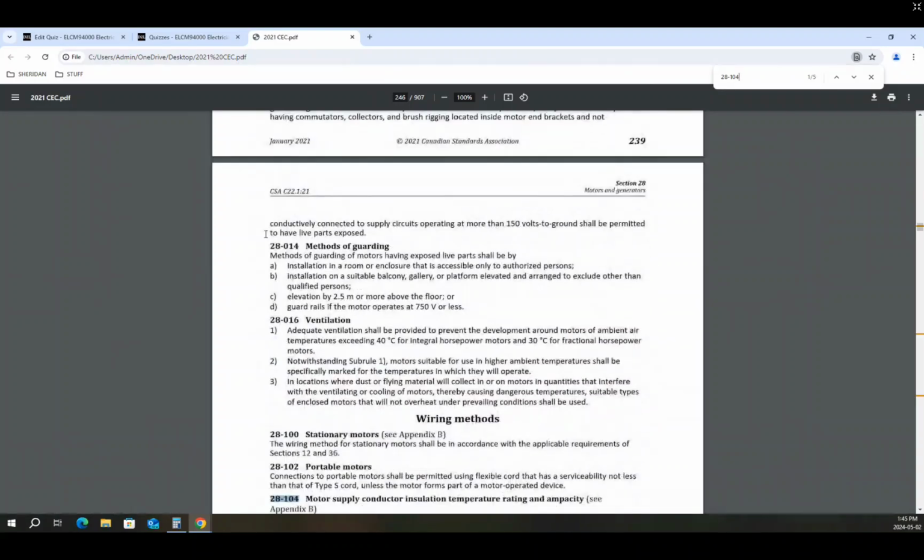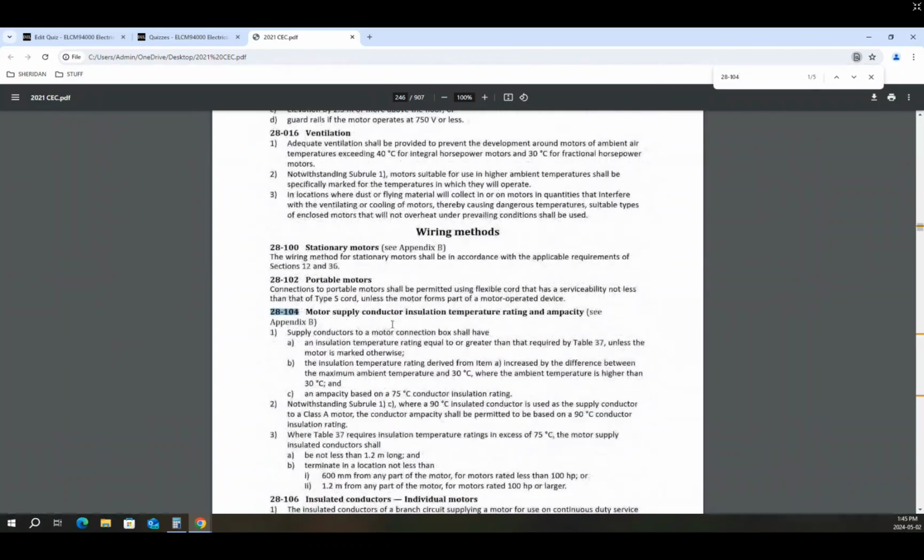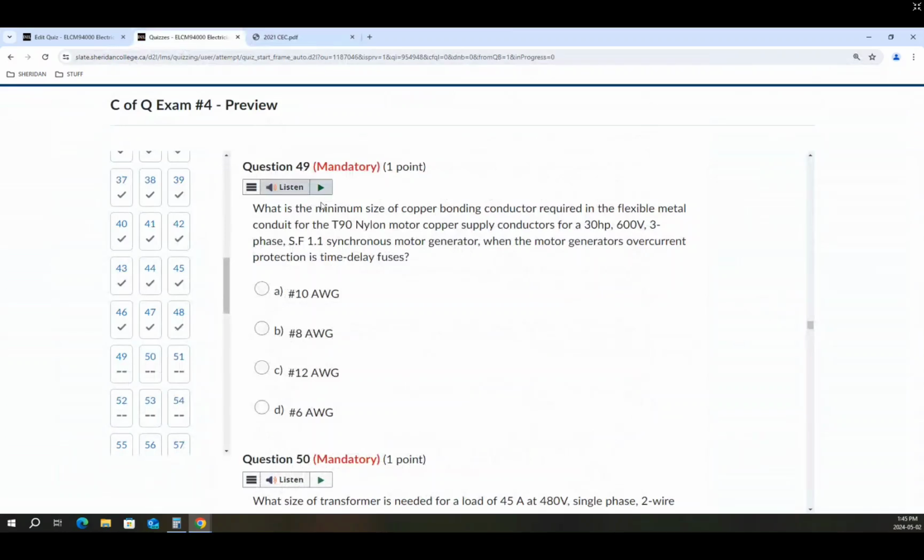So wiring methods, we're in motors and generators, section 28. 104, motor supply conductor insulation, temperature rating, and ampacity. So what's the minimum size copper bonding conductor required in the flexible metal conduit?